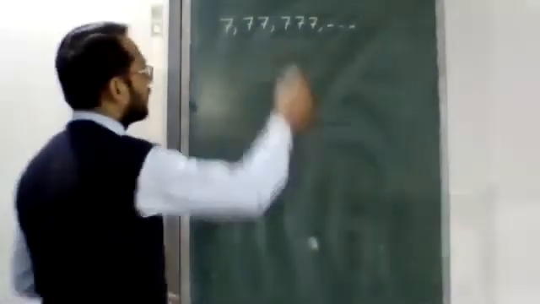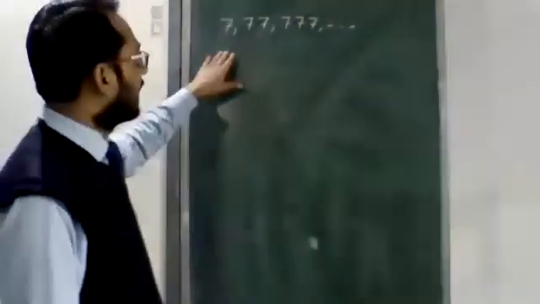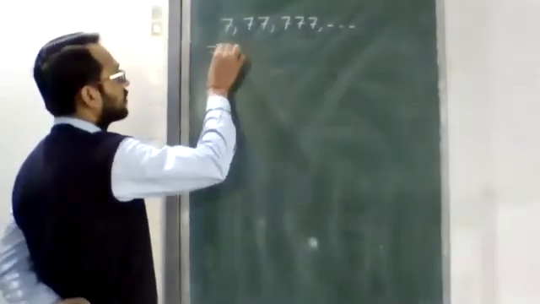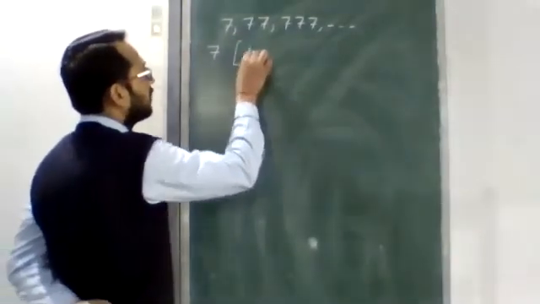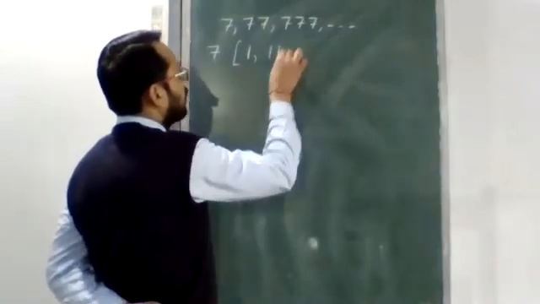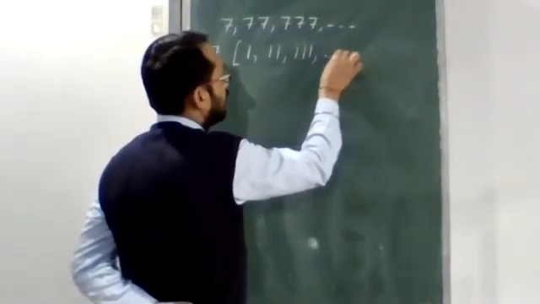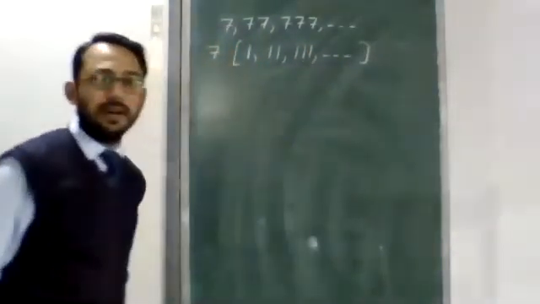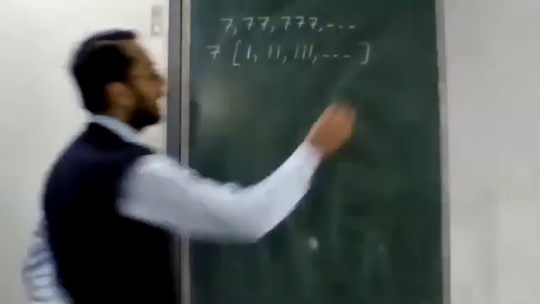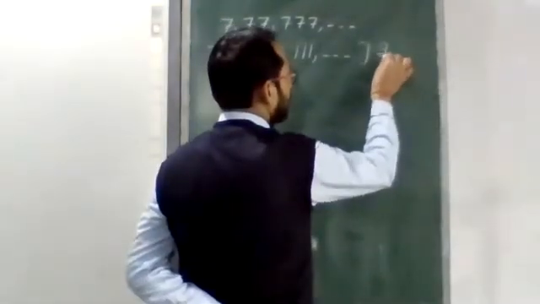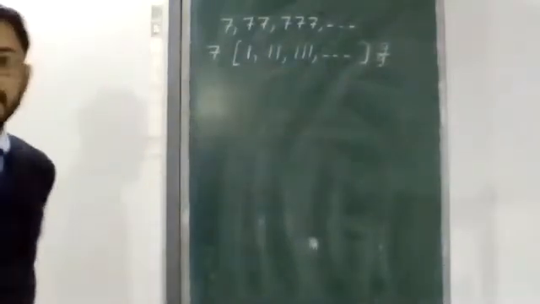See, as we have done this earlier, we know that it is looking like neither an arithmetic progression nor a geometric progression. So we need to convert it into one of them if possible. So I'm taking 7 as common. It will become 1, 11, 111, and so on. Now I'm multiplying and dividing by 9.